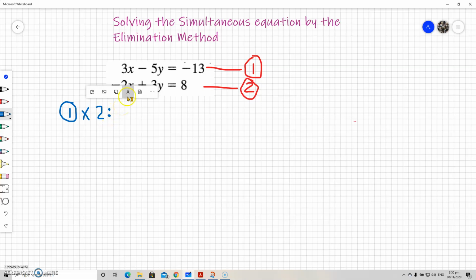So 3x times 2 is 6x, minus 5 times 2 is minus 10y, minus 13 times 2 is minus 26. This is a new equation I have created. I'm going to call this equation 3. Note the use of labels.